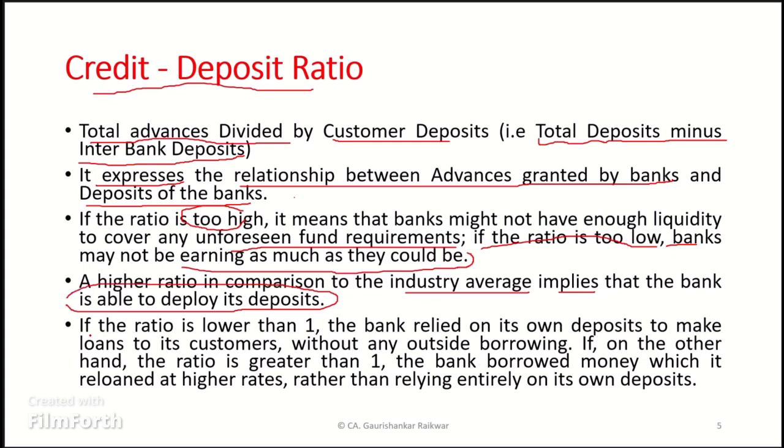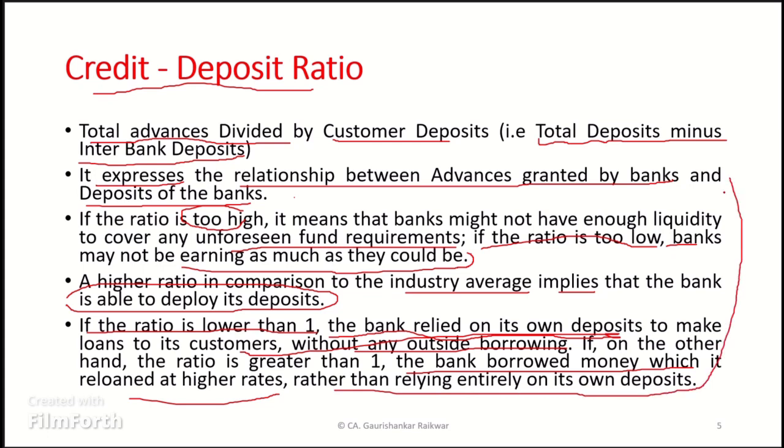If the ratio is lower than 1, it means the bank relied on its own deposit to make the loans to the customer without any outside borrowing. If the ratio is greater than 1, the bank borrowed money which it reloaned at higher rates rather than relying entirely on its own sources or deposits.